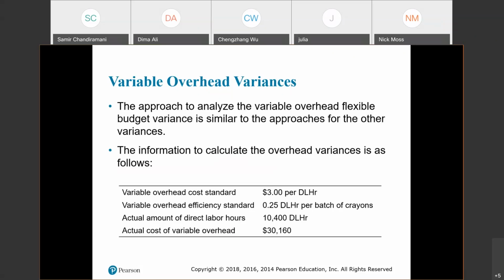But the actual variable overhead cost was $30,160, and it took 10,400 direct labor hours to make these batches. So this slide is a summary.